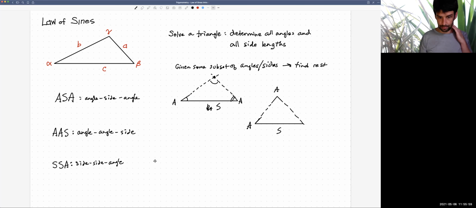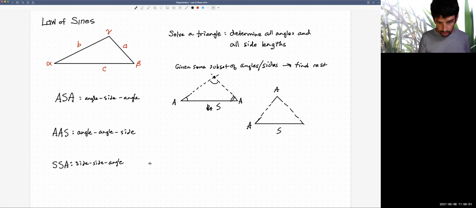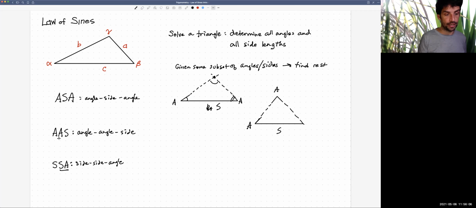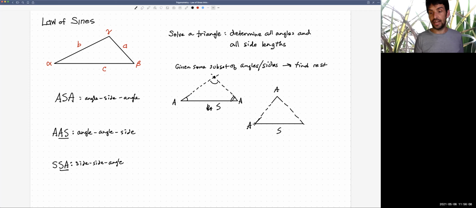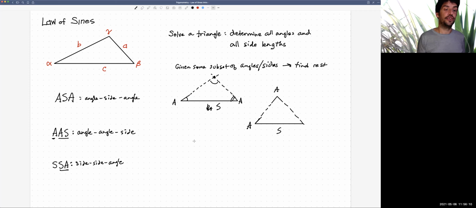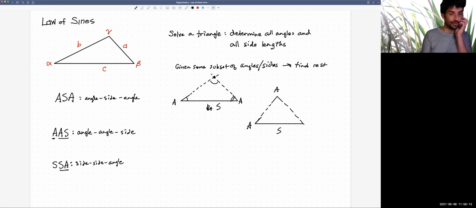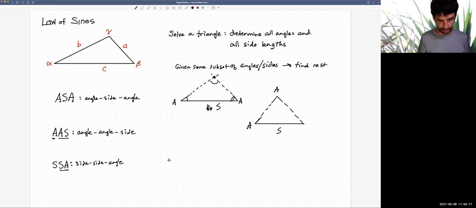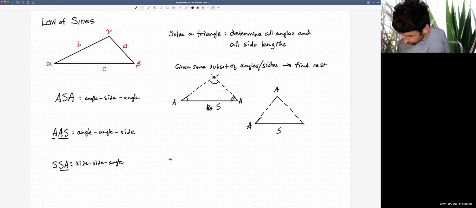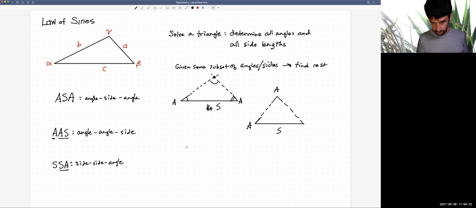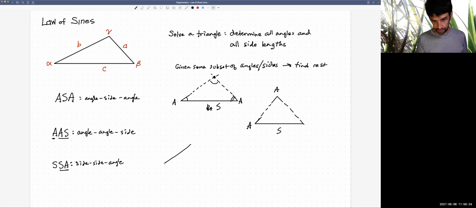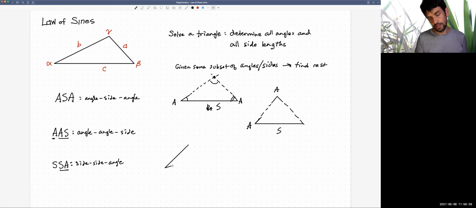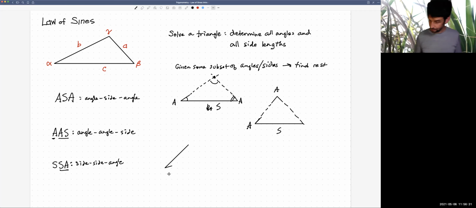Here's how I think about this one. First, let's draw one of the sides. When we put two things together, just like up here, the angle and the side, there's an angle and a side together, and then another angle that's not attached either. Here, there's a side and an angle that are together. Let me draw them again. There's a side and some known angle, so there's part of our triangle.